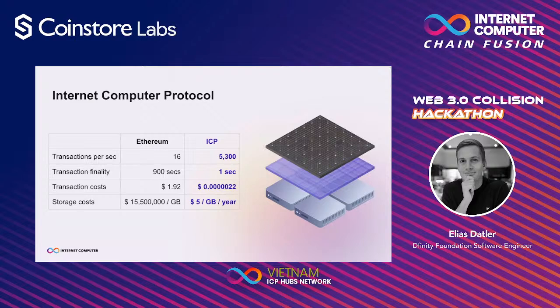Now, if you compare the Internet Computer to blockchains like Ethereum, you can see that those are completely different chains. If you look at transactions per second, for example, you can see that ICP can process orders of magnitude more transactions than Ethereum.